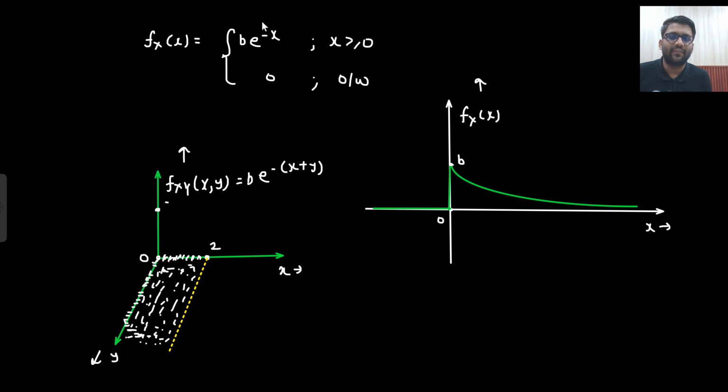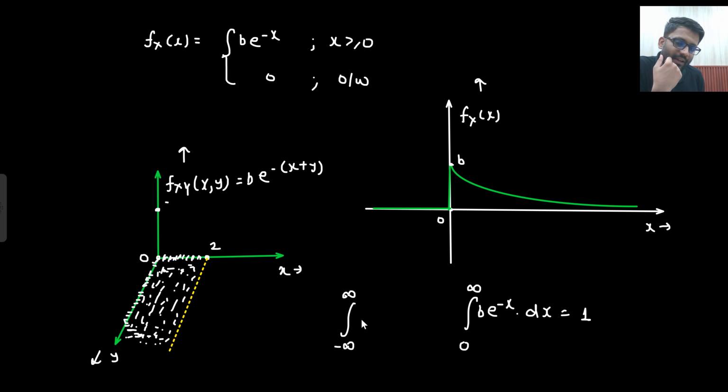I don't need to. Let's say here I need to find the value of b. Do I need to make the graph? No. X takes values from 0 to infinity, and the integral of b e to the power minus x dx should equal 1. This is my job, right? Because I know that the integral from minus infinity to infinity of fx of x dx is 1.